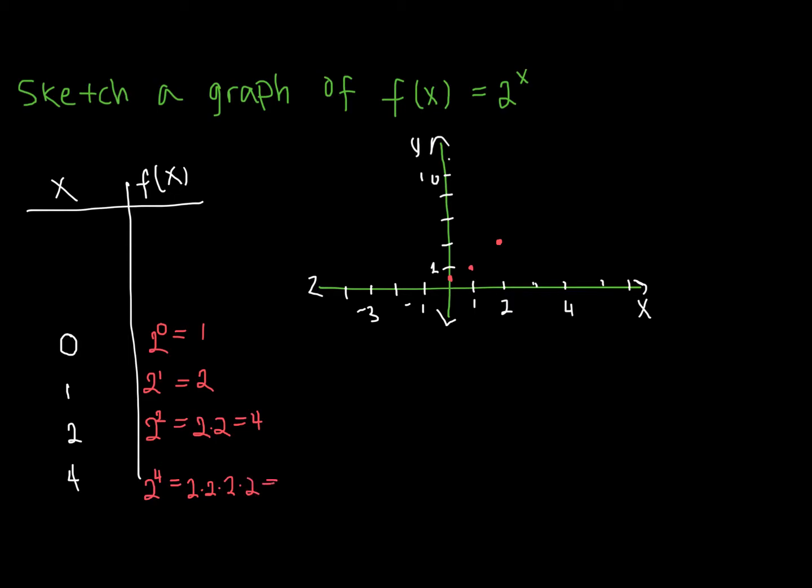And that will end up being 16. So 2 to the 4th is 16. Well, that's actually way out of our ballpark, right? We got our 10, 12, 14, 16 would be way up there. And we might want to squeeze in 3 here. So 2 to the 3rd, 2 times 2 times 2, which is 8.